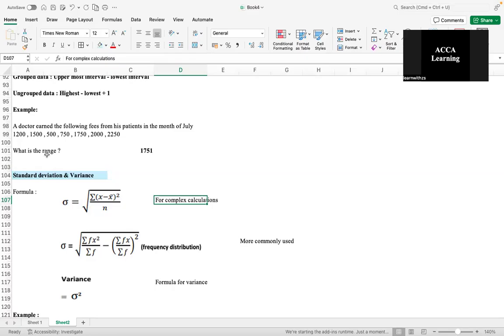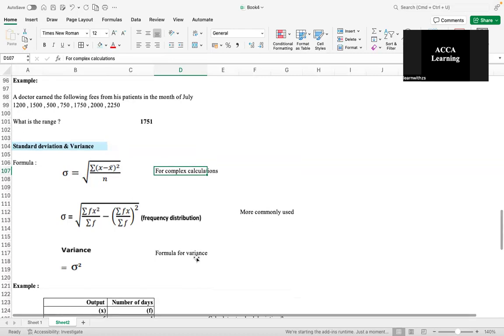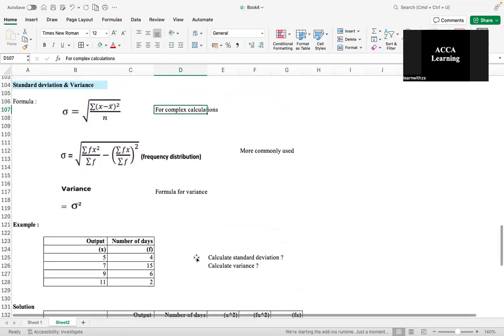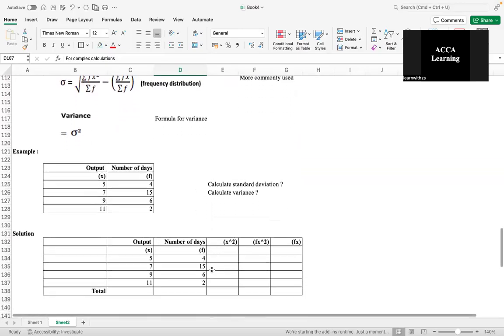Okay. So these are the formulas. There's an example here. This particular example was the example that we used for mean, right? So these are the outputs and the number of days for which this output has occurred. So your F column. Now you have to find out what the standard deviation is and what your variance is. You have to calculate these two. Let's understand.